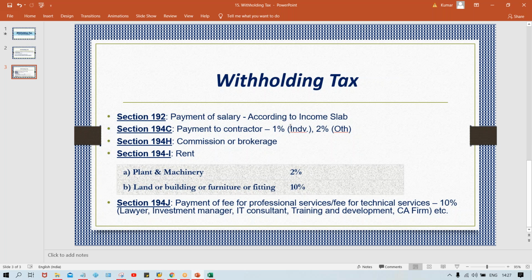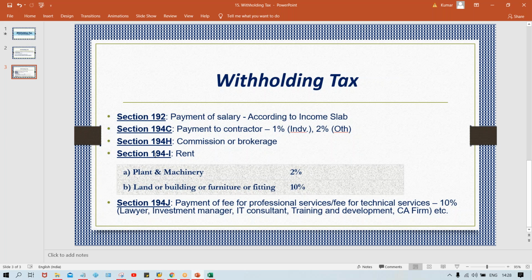For an individual 1%; for others, other than an individual, meaning an organization, 2% TDS, in the sense withholding tax, is going to be deducted. These details are specified under section 194C. Again, for commission and brokerage, the details will be there under these sections. For rent, 194I is there. Likewise, country-wise, multiple different conditions are there.